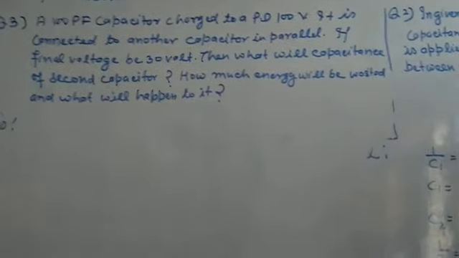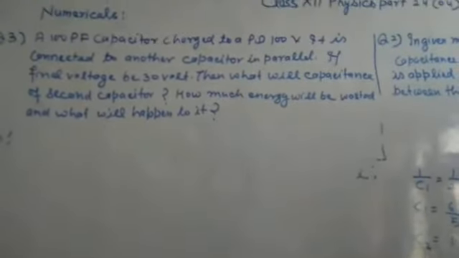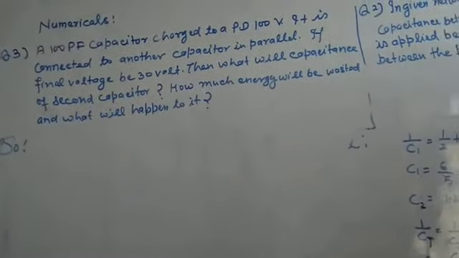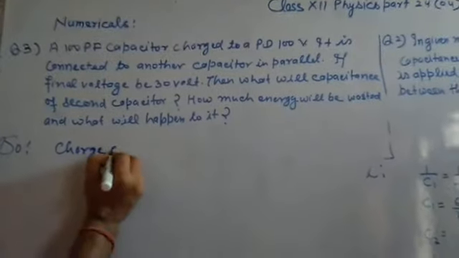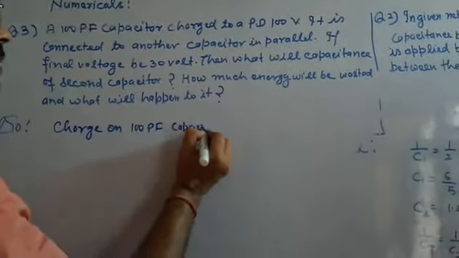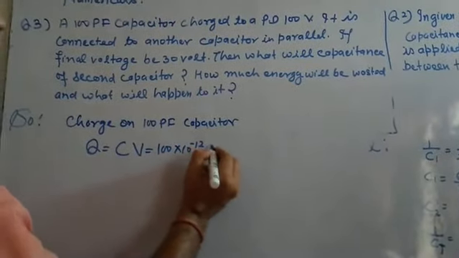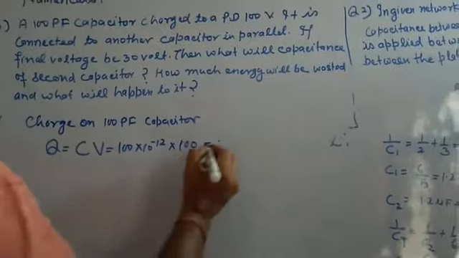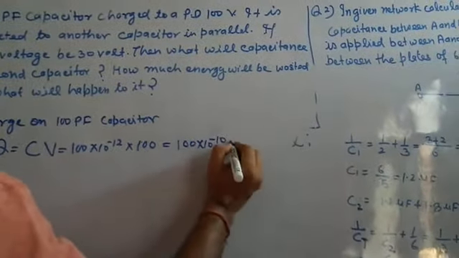Solution. Charge on the 100 picofarad capacitor, Q equals CV, 100 into 10 power minus 12 farad, picofarad, into 100 volt, that equals 1 into 100 into 10 power minus 10 coulomb.